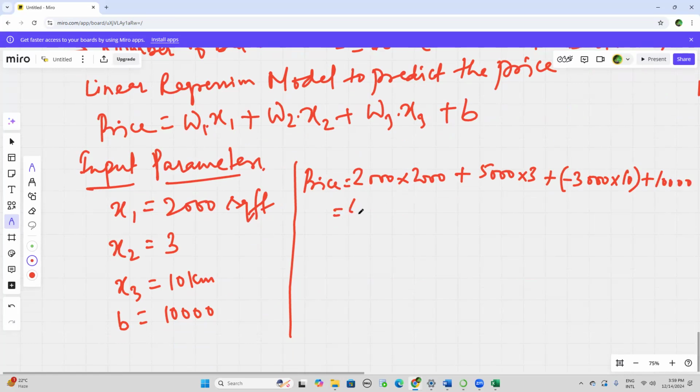Now you have to do this calculation. This will become 4 million, this will be 15,000, and this will be minus 30,000, plus 10,000. Correct?